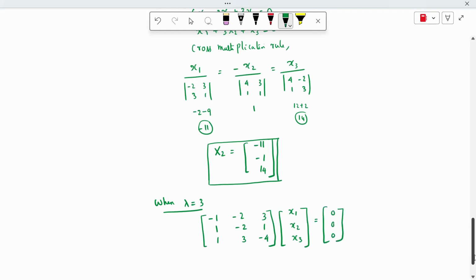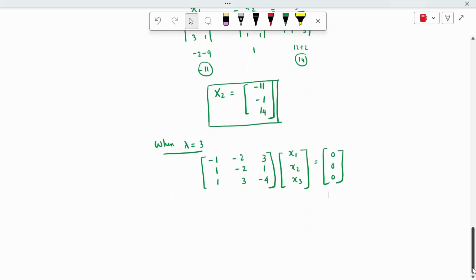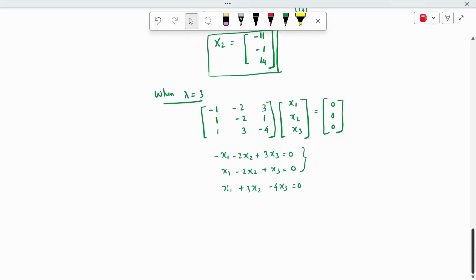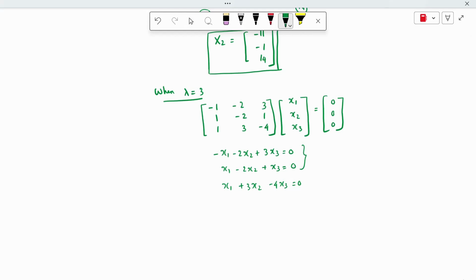So now we again have three equations: minus x1 minus 2x2 plus 3x3 equals 0, x1 minus 2x2 plus x3 equals 0, x1 plus 3x2 minus 4x3 equals 0. Take any two equations, our wish, the first two or any other pair. The answer will be the same for all.